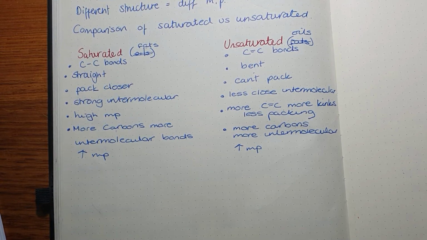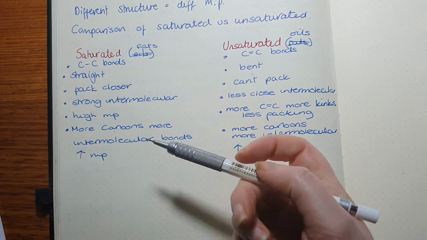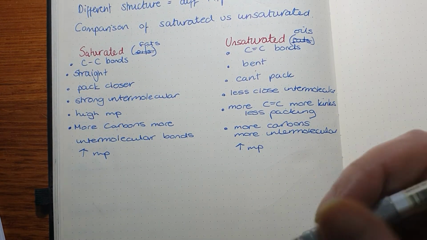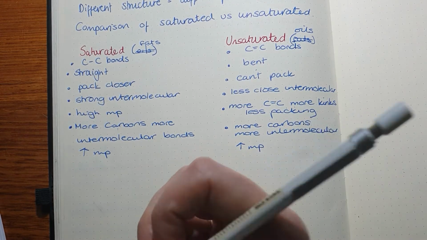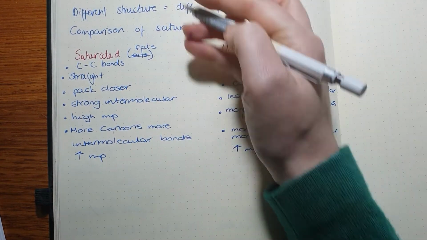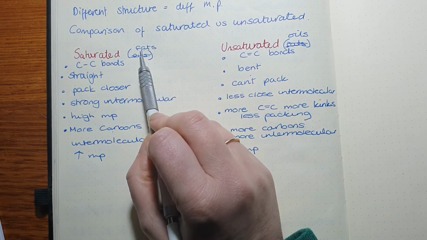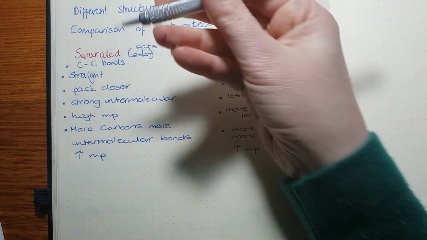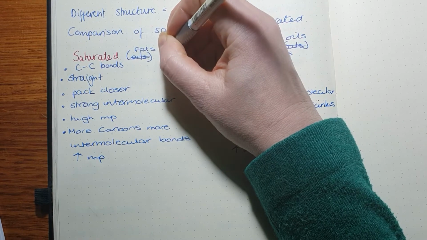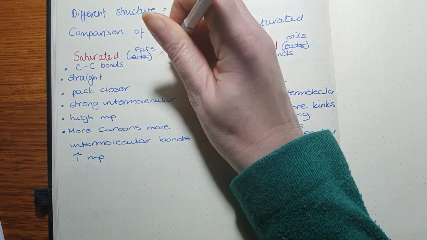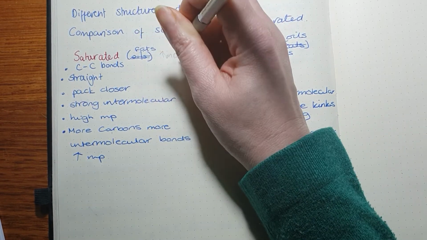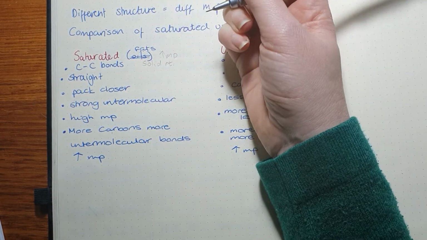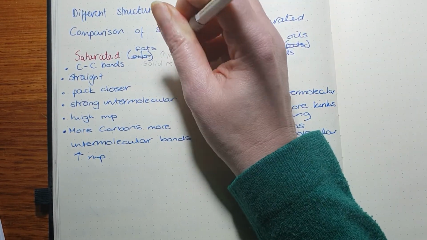So, and this is a tricky one because it's explicitly in the dot points, but I didn't find it very explicit in the textbook. If we have these saturated fats, so if it's saturated, it's a fat because it tends to have a higher melting point. So it's solid at room temperature. I mean, your room temperature may vary, but it's generally solid.